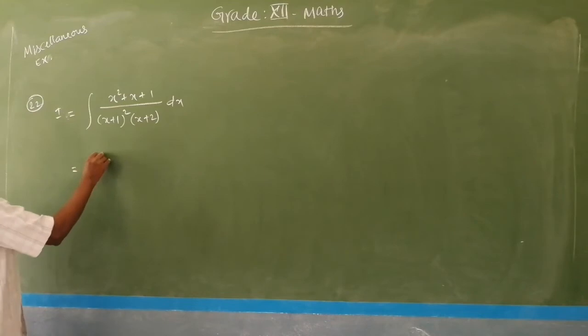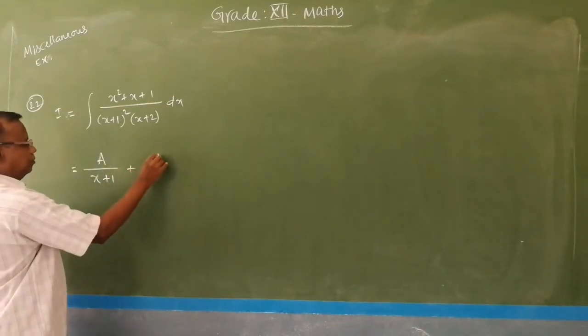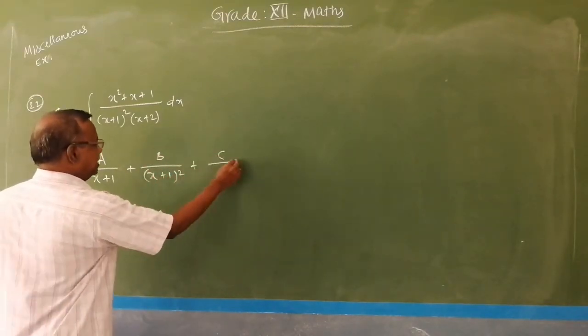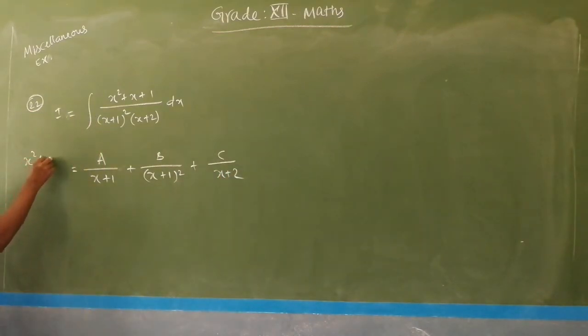This can be written as a by x plus 1 plus b by x plus 1 the whole square plus c by x plus 2, that is x square plus x plus 1 divided by x plus 1 the whole square into x plus 2.